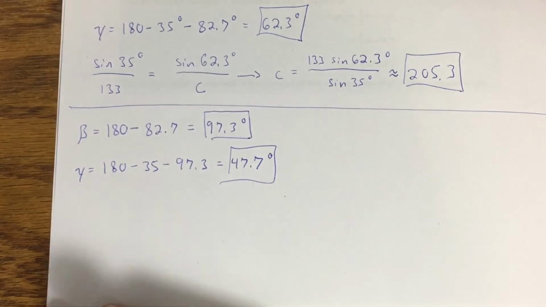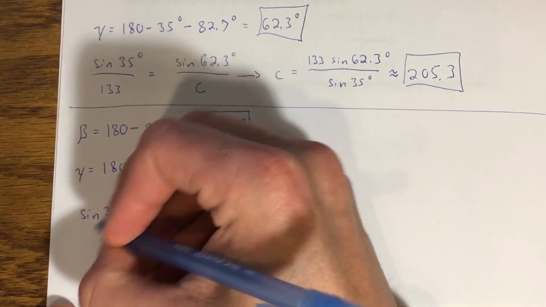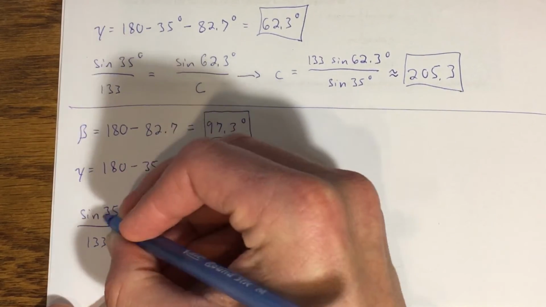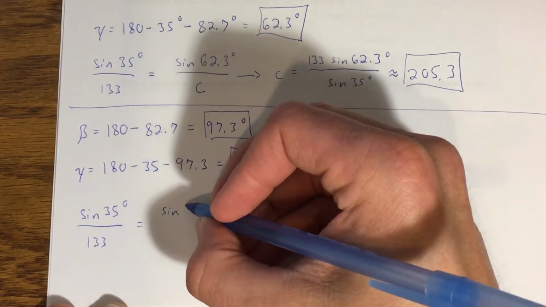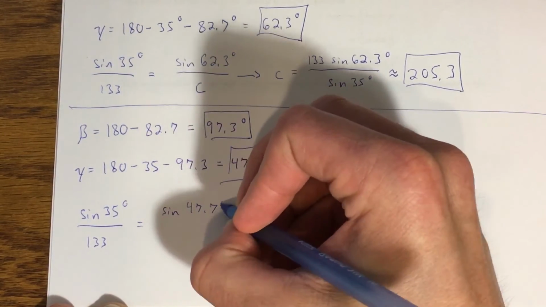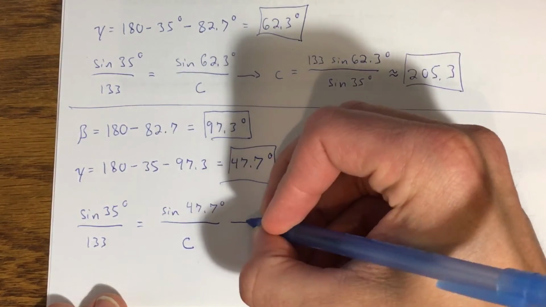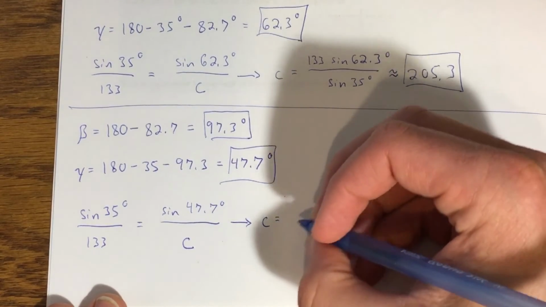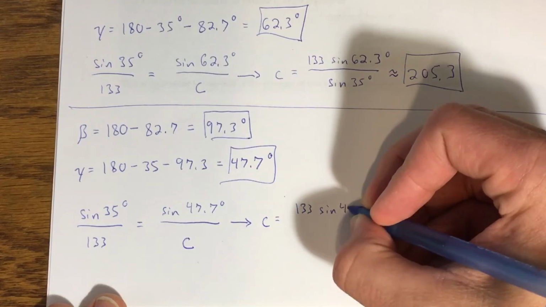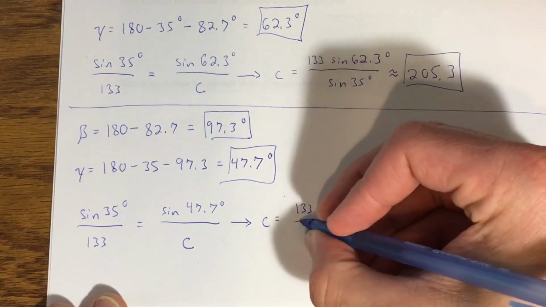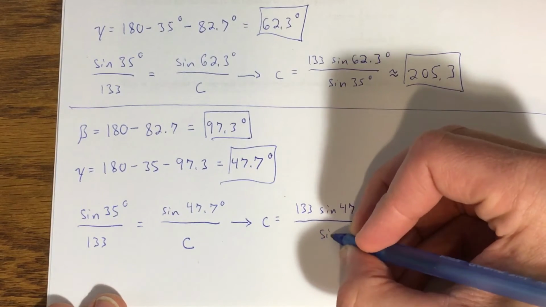Okay, the last step is to find c. We find it the same way that we did before. Use your law of sines. Sine of 35 degrees over 133. There's sine of alpha over a. Set that equal to sine of gamma, which we have a new gamma now, 47.7 degrees over c. Solve this for c. So I'm going to get c equals 133 times sine of 47.7 degrees all over sine of 35 degrees.